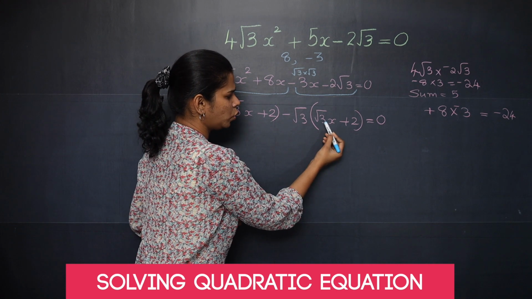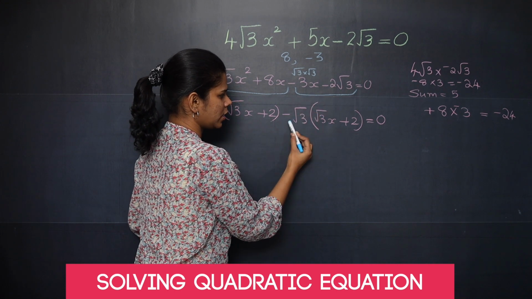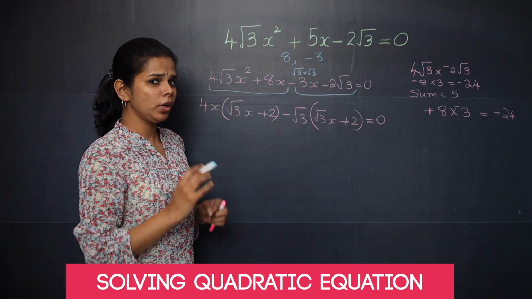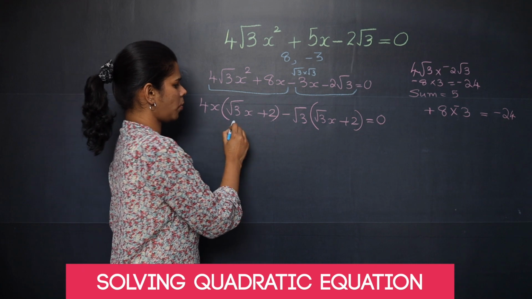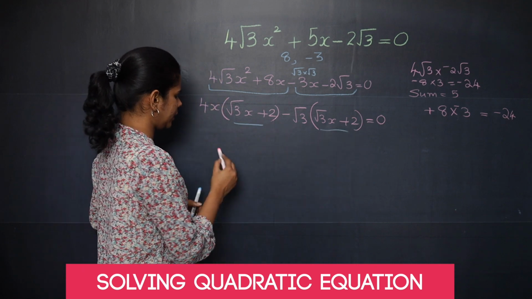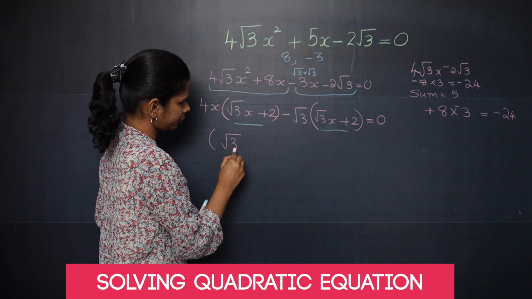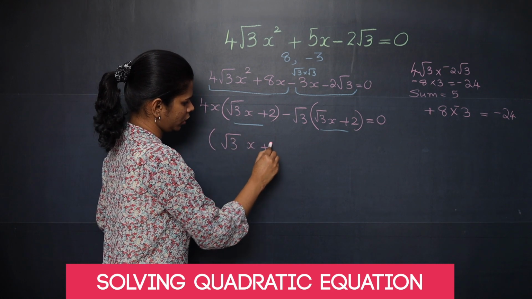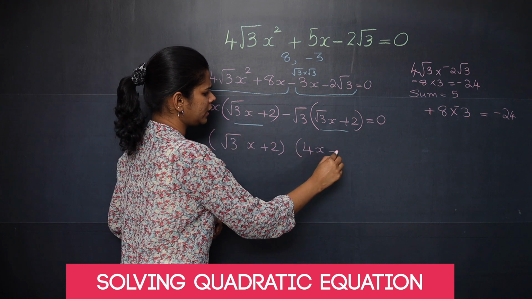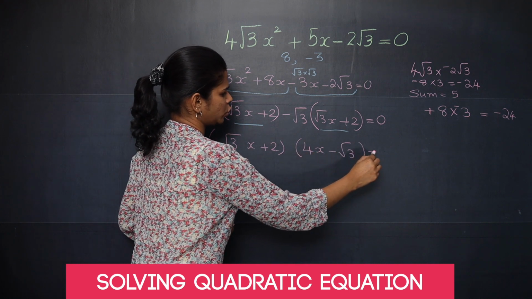Minus root 3 into root 3x is minus 3x. Minus root 3 into positive 2, it is minus 2 root 3. So it is correct. Now what is common here? Root 3x plus 2. Now you will take that outside, into 4x minus root 3 equal to 0.